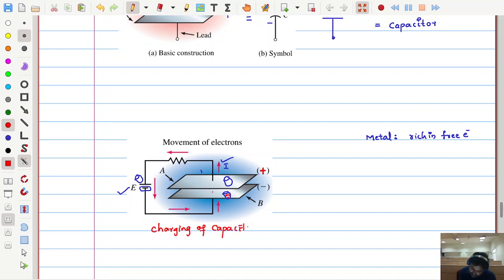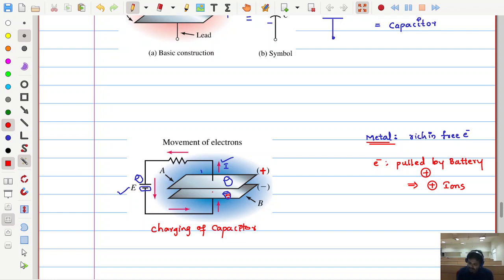Just try to understand it this way: initially there are simply metal plates, rich in free electrons. Then the free electrons are pulled by the battery positive terminal, thereby positively charged ions will be established. Positively charged ions take place on one side of the plate.